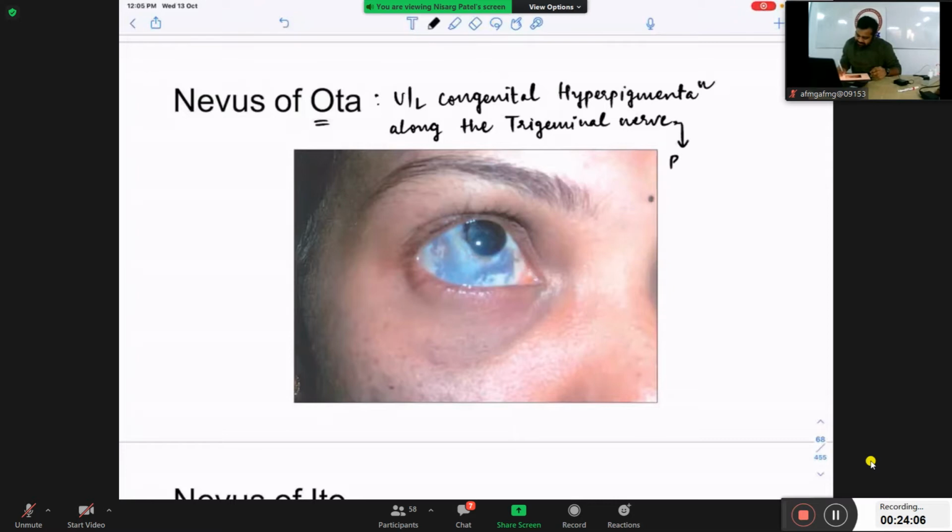And on that same side, you will see eye involvement, blue color sclera. So there is skin involvement, along with that, blue color sclera is also there.